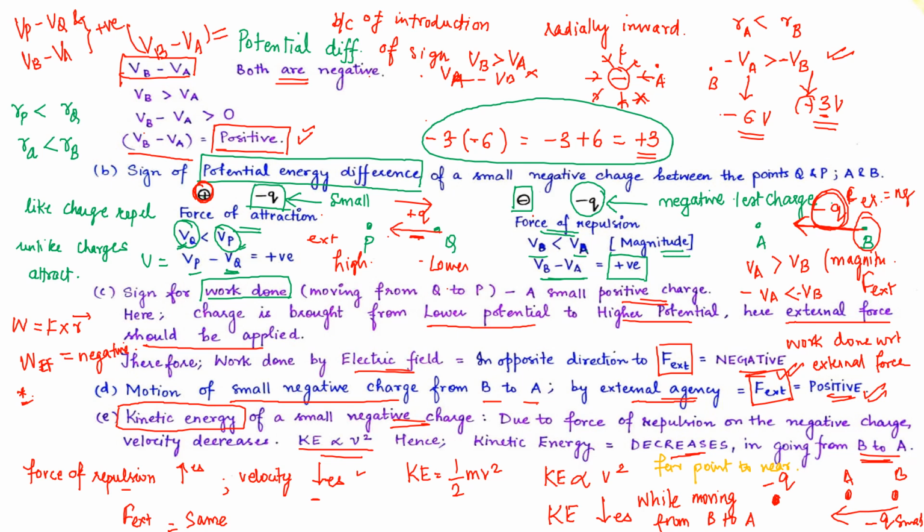I hope you understand how to find the potential difference, potential energy difference, work done, and what is the relation of kinetic energy to these energies, and how these energies are dependent on each other and on various factors like the distance, velocity, and the electric field, external or internal forces.